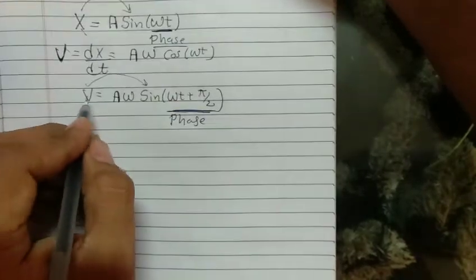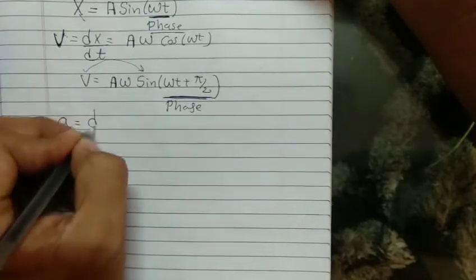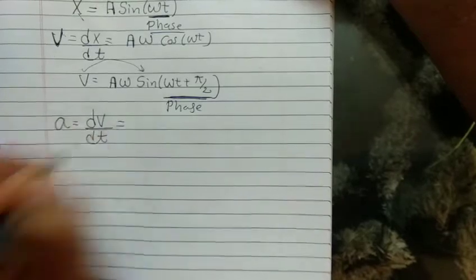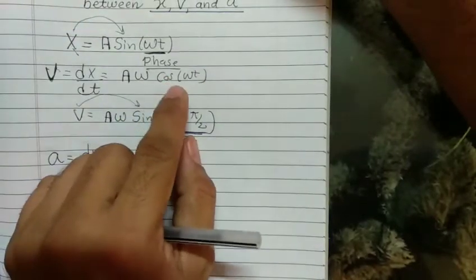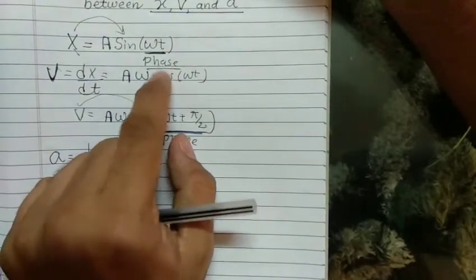Now again if you take a derivative of velocity, you will get the acceleration. Acceleration is given by dv upon dt. So if you take one more time derivative, the derivative of cos will become minus sine.